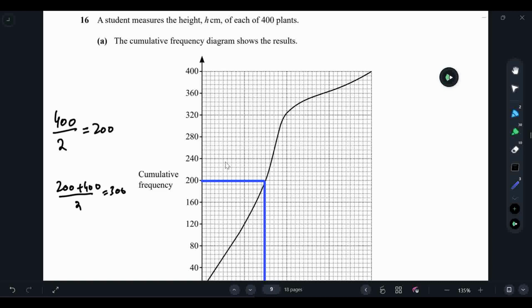So we have to see the corresponding value at 300.